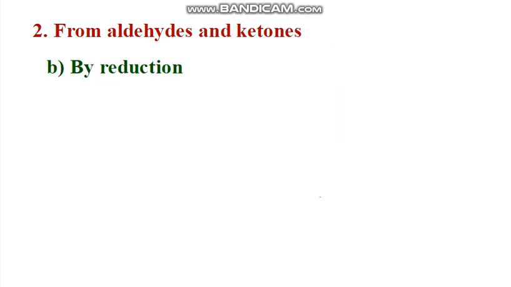Then the next method of preparation of alcohols from aldehydes and ketones is by reduction. That is, we will reduce aldehydes and ketones. Here we can use reducing agents like lithium aluminium hydride. It is a good reducing agent. Or we can use sodium borohydride.